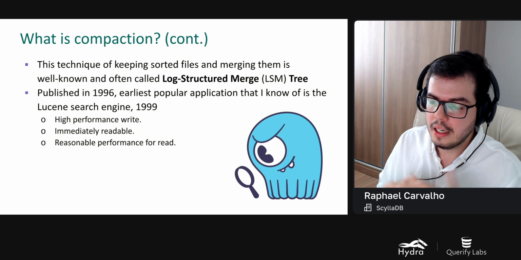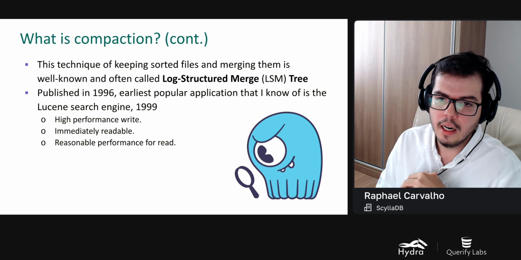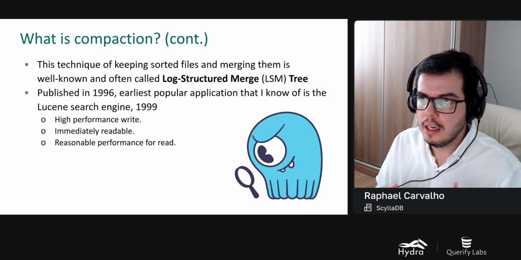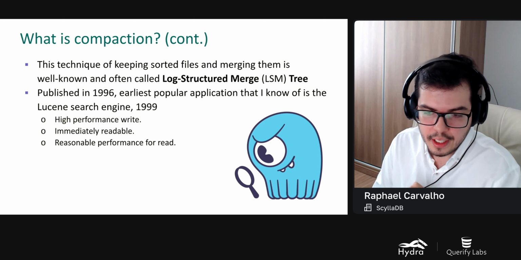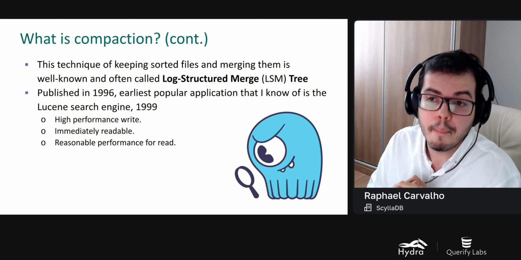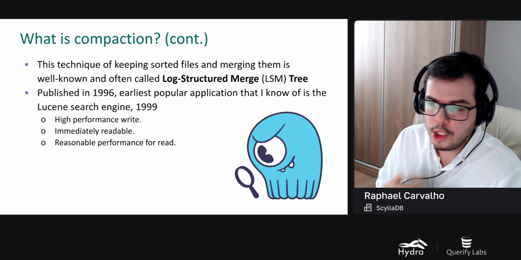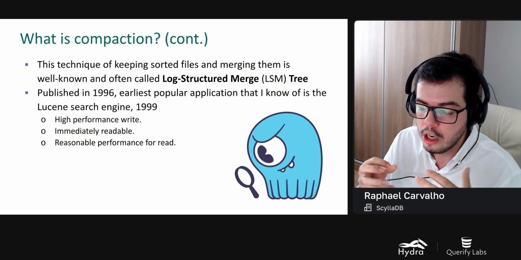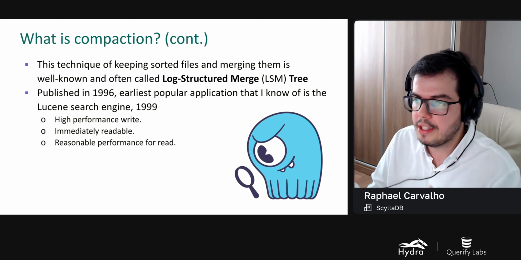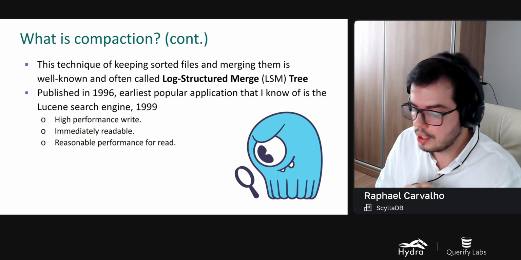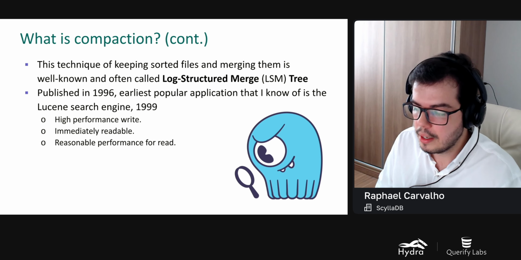Its first known usage was in 1999, because as the data volume was increasing, the database had to keep up with the write rates. B-tree wasn't as efficient, and we needed something that allowed converting random writes into sequential writes to make sure that the write performance is good enough to accommodate the write load.